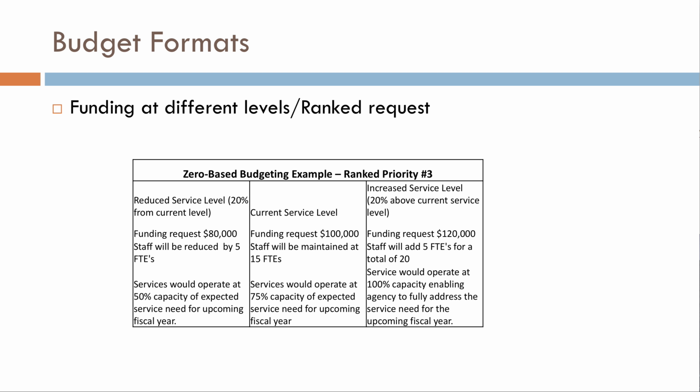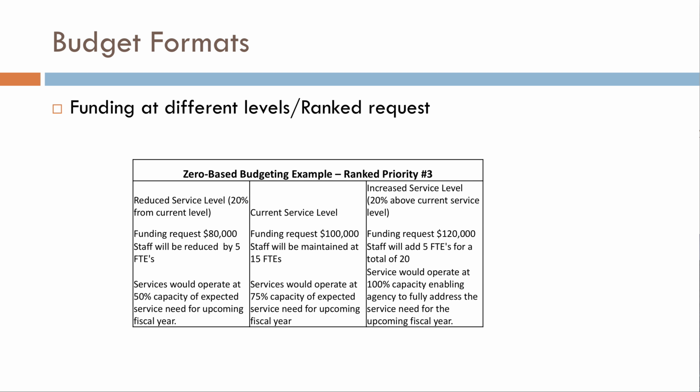One thing that I don't think the textbook really covers is that zero-based budgeting requires the ranking of priorities, and so when you rank your priorities, right, you can present various scenarios that outline how you expect funding to affect your organization.